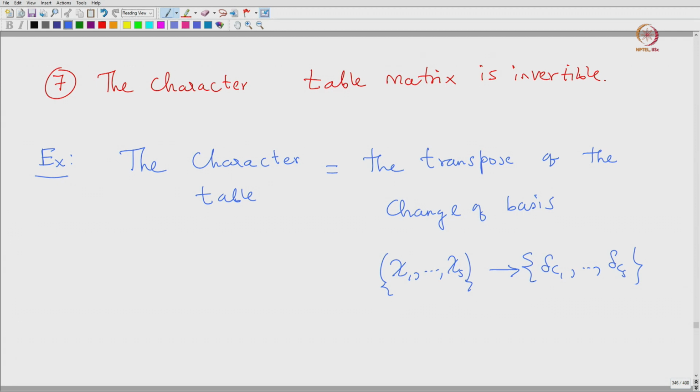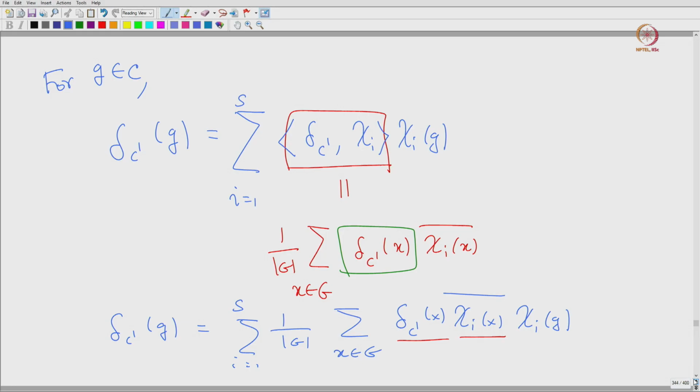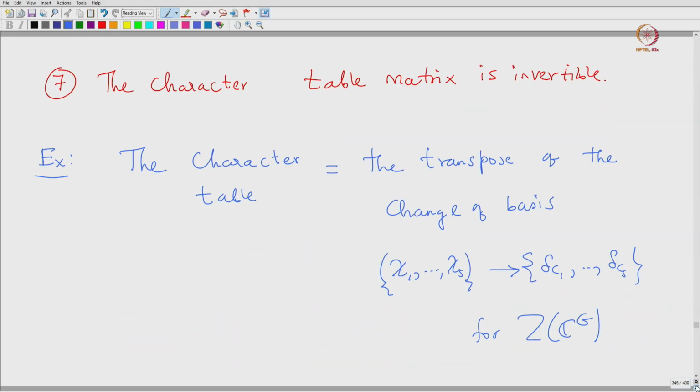We know that both of them form a basis for this space Z(CG). So, if you look at the change of basis, then the transpose of that is exactly the character table. Indeed, that is recorded in what we have proved. It is just simply an observation.